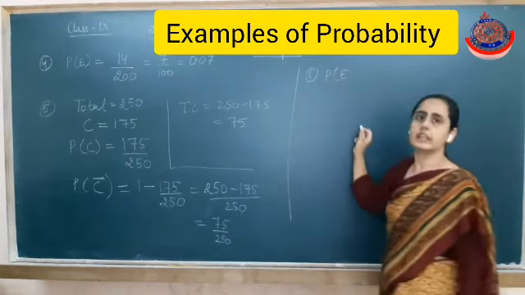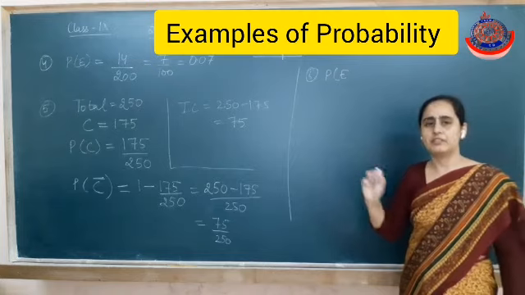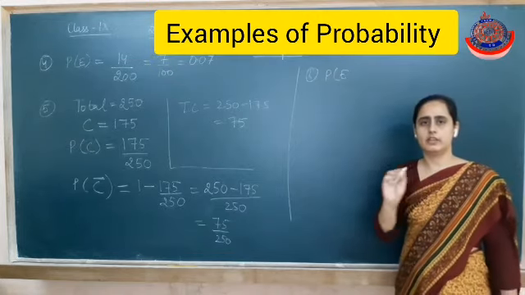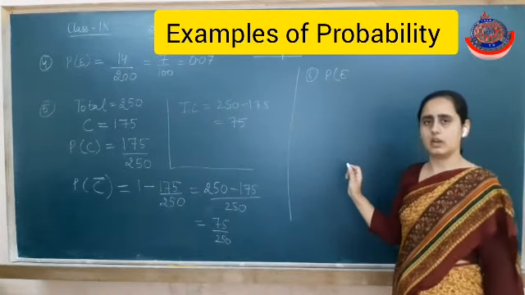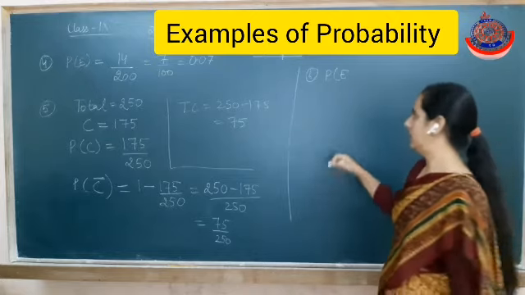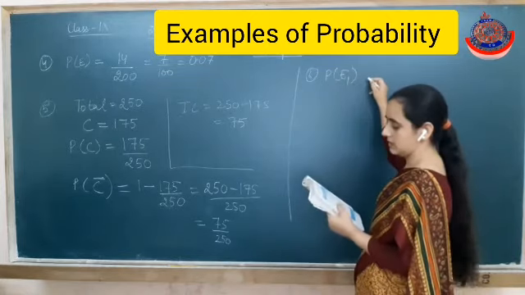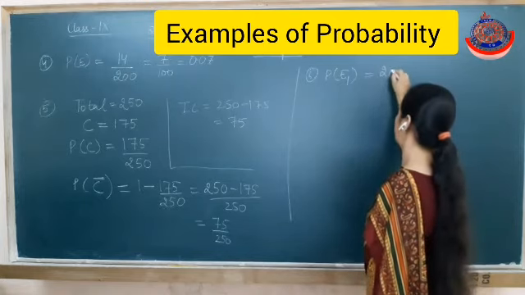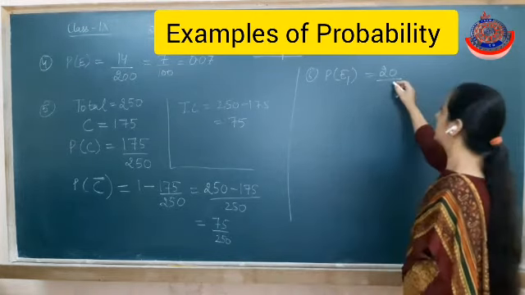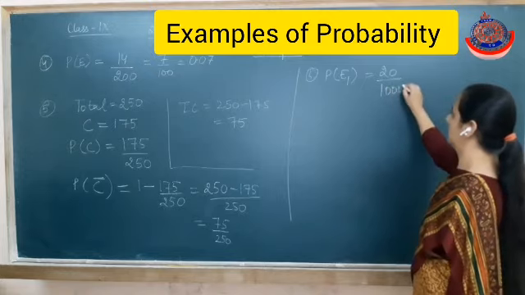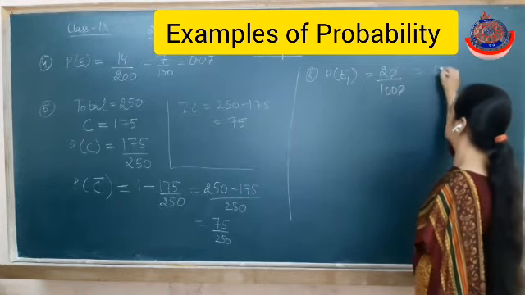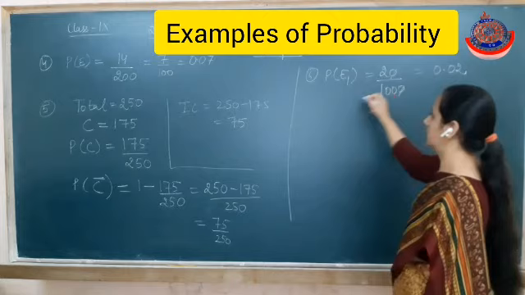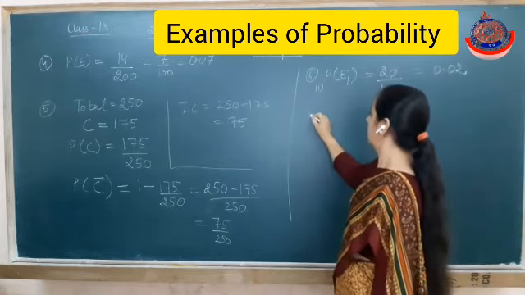I am just writing E1, E2 in short; you have to mention in every question that E1, E2 and so on represent the occurrence of such and such event. In the first part, the favorable cases are 20 and total cases are 1000, so this will be 0.02.